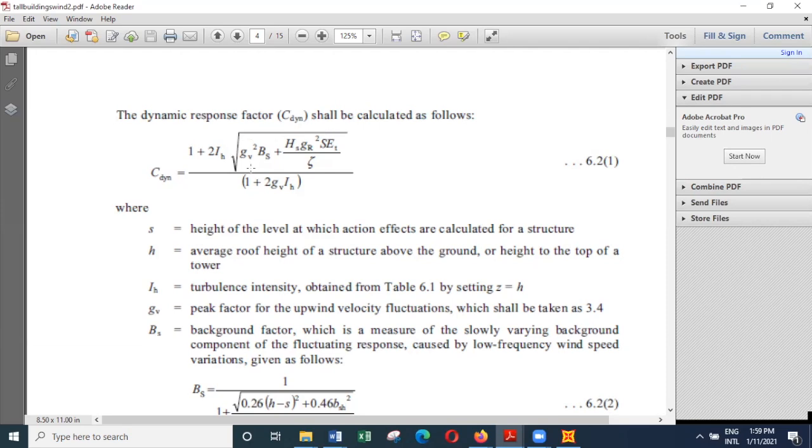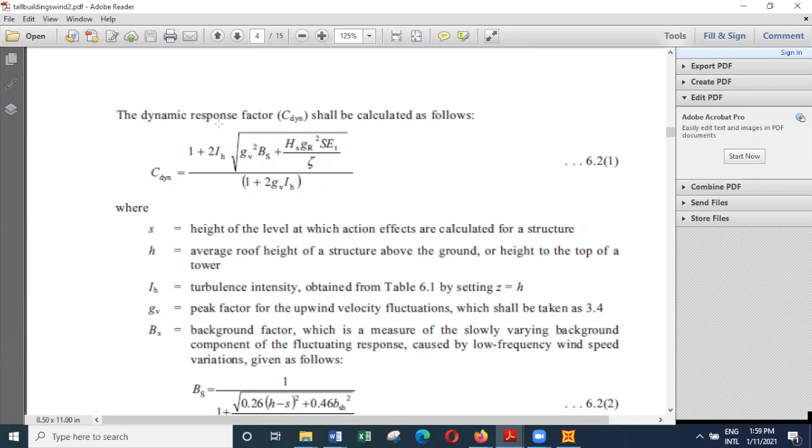So this component refers to the static behavior, where the building is acting as a rigid body and the wind is coming and hitting it. This is what happens in a 2-story or 3-story building. The building doesn't move at all due to the wind, and so that is the static effect. And this is the dynamic effect where the building is actually moving with the wind. Then you get an additional effect due to this movement.